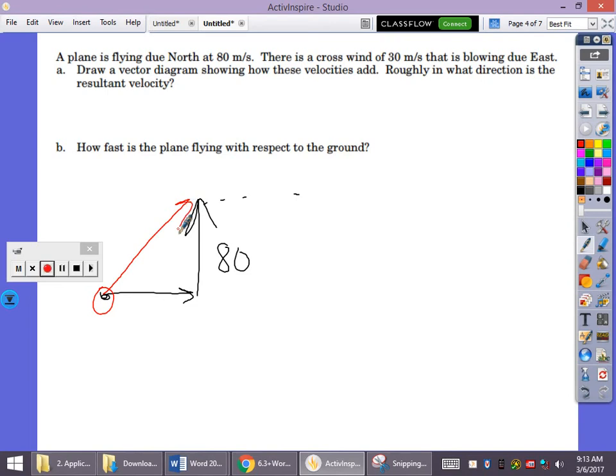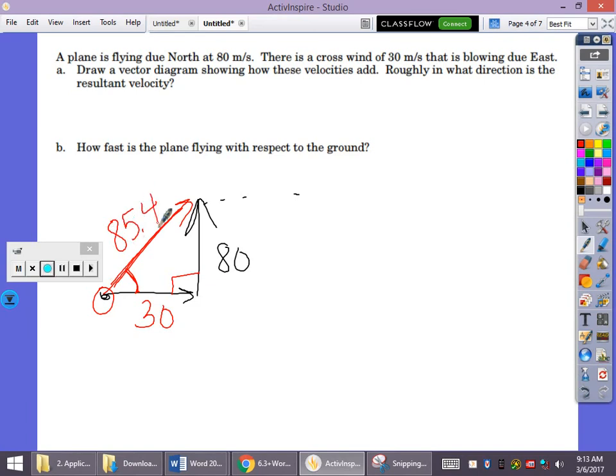The angle is where the initials come together, so right here is the angle I would be looking for, and this is the side that I'm trying to find using 30 and 80. Using Pythagorean theorem, the length of this line, or the magnitude, would be, what did you get? 85.4.